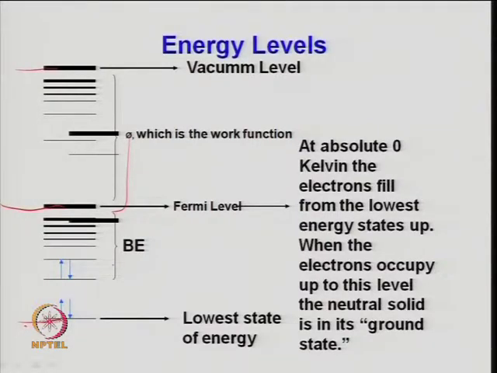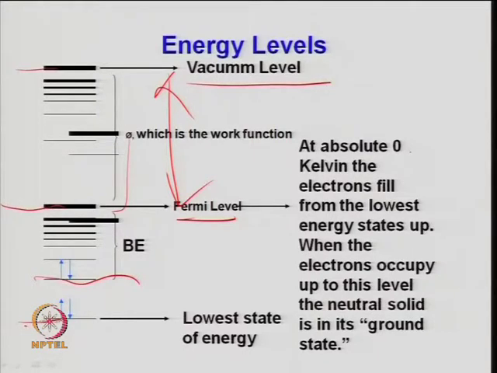The difference between the Fermi level and the vacuum level is the work function, and from the core, when the electrons are released, that is nothing but how the electrons are attached to the nuclei, and that is your binding energy. At absolute 0 Kelvin, the electrons fill from the lowest energy states up.